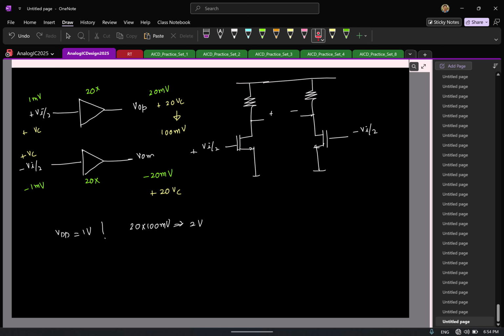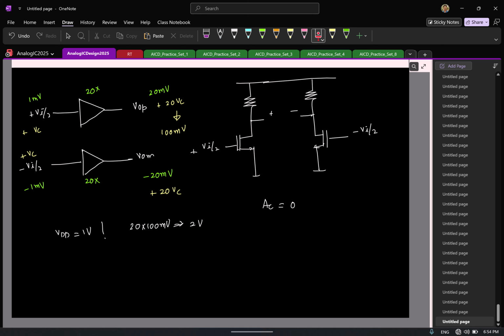So if I want to not have this, what do you think my common mode gain should be? Ideally, it should be 0. As of now, this particular implementation has the same gain for common mode and differential mode signals. That's a problem.